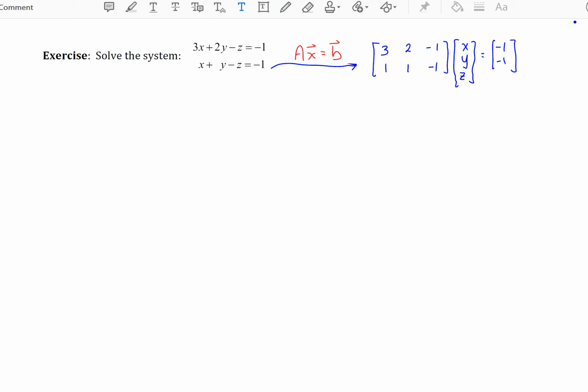Now recall step 1 of our process is we want to write the augmented matrix.